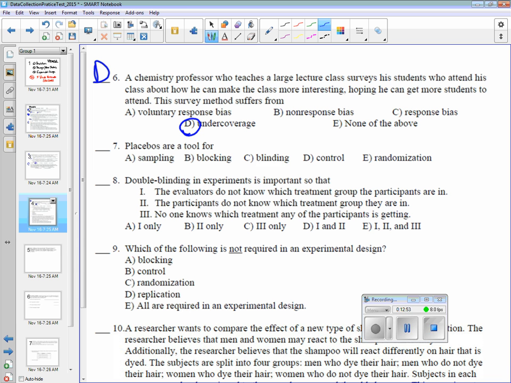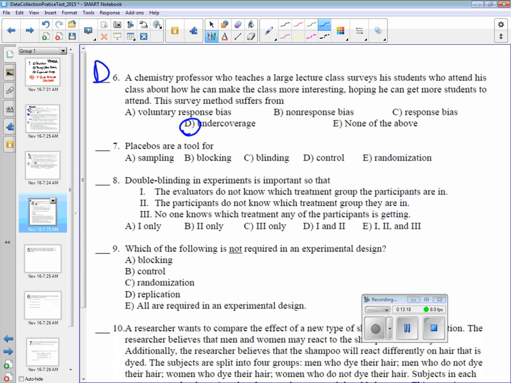Okay. So let's make sure we understand. So first of all, what is a placebo? It's a fake treatment. Would you agree? Okay. And what we do with a placebo is they don't know whether they're getting the treatment or not. And so what is that? A source of blinding, because you don't know, right?